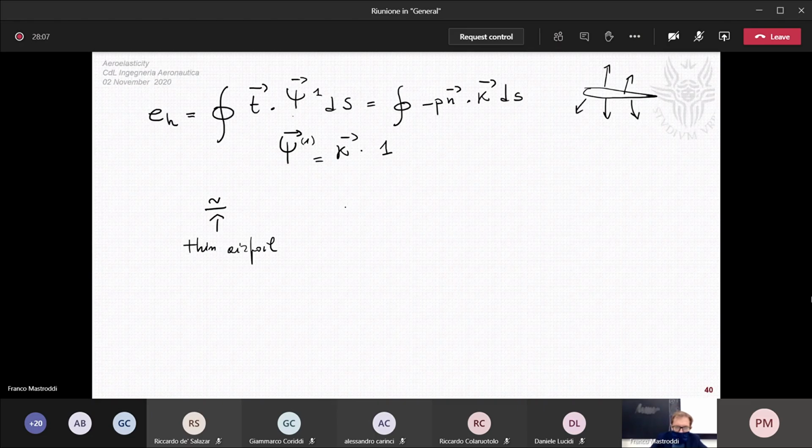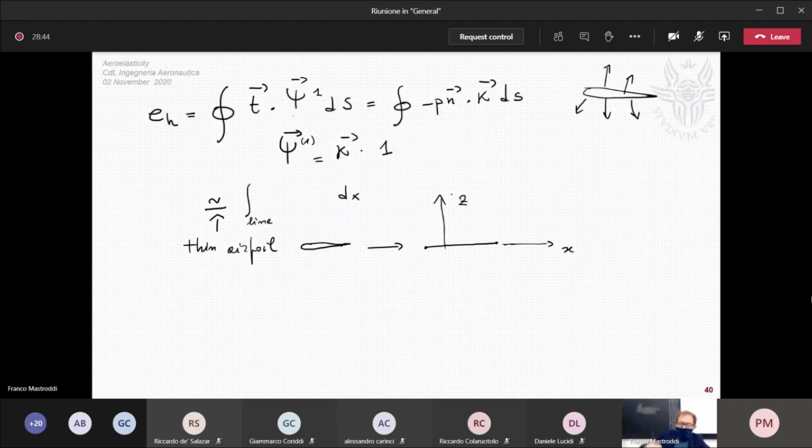It means that from this situation to this situation, we have that this integral is actually equal to an integral on the line in dx only, not around, but just a line integral from here to here, trailing edge, leading edge.